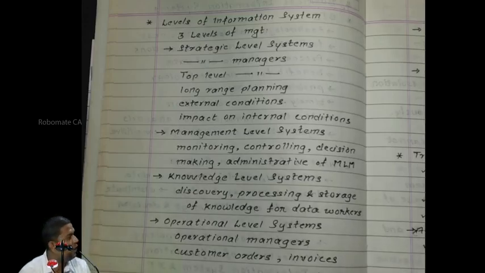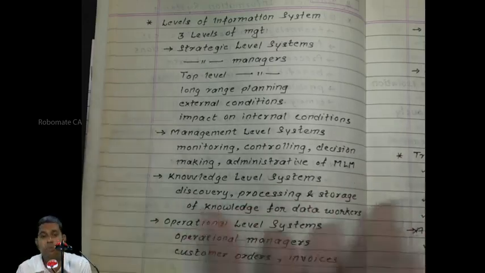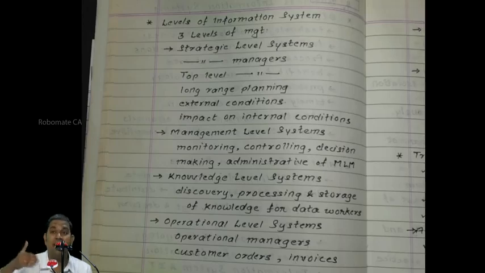Obviously, it is more than the lower level, and it has to be less than the upper level. What they see is the functioning of their own department. Okay, now functioning of their own department could be a month long, could be 6 months long, could be year long. So they are seeing that far.